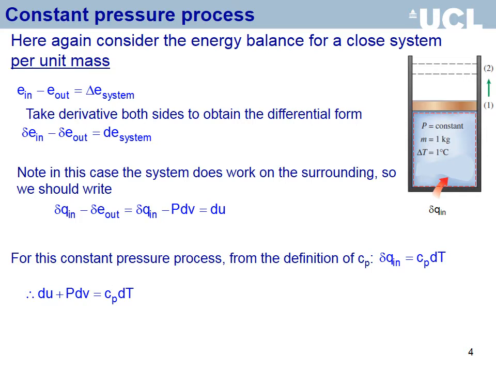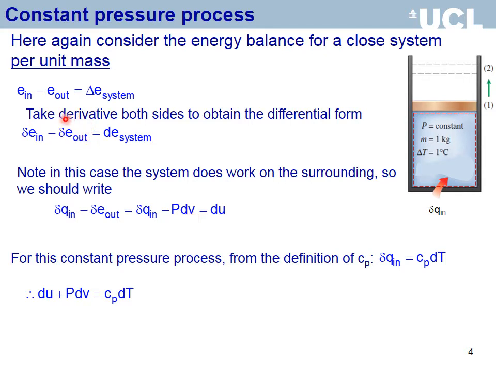Now in this case, energy output is not zero, because if this system moves upward freely because of heat being put in here, this is a constant pressure process, so the piston is free to move, and if the piston moves up, it is going to do some work on its surroundings by expansion of this boundary here, right? And we call that boundary work, and boundary work is nothing but P times dV.